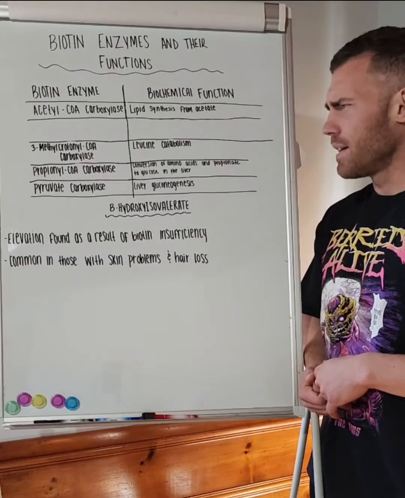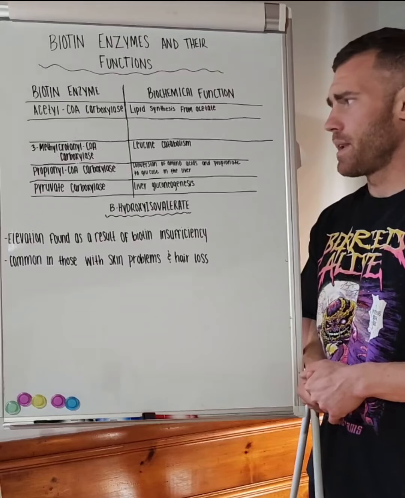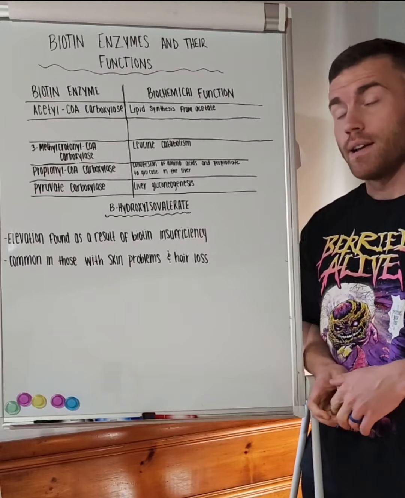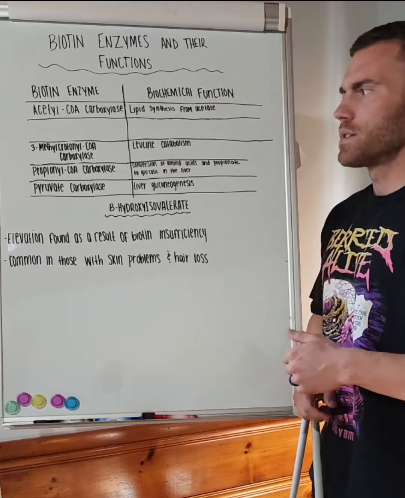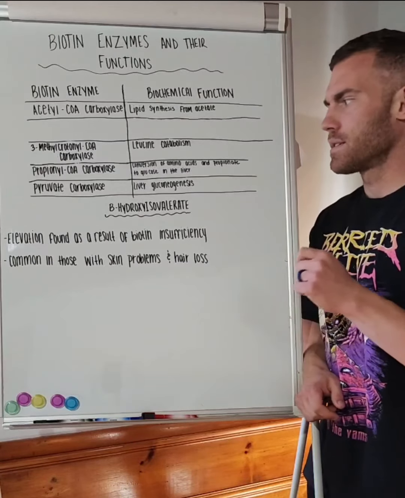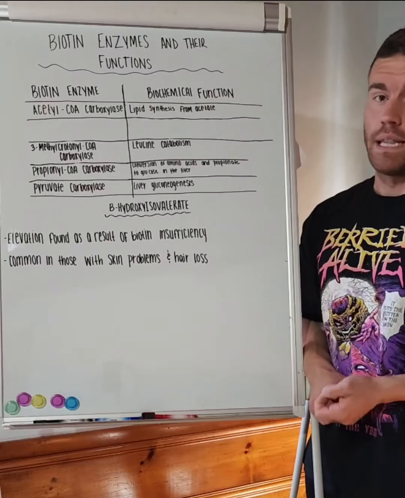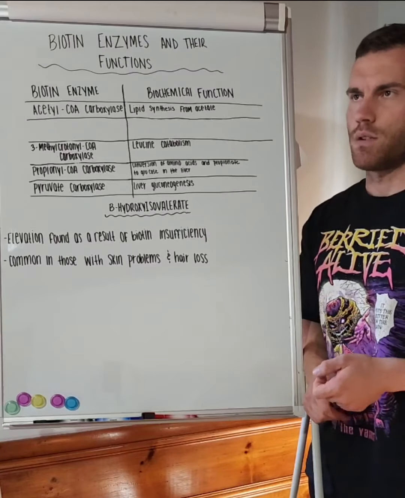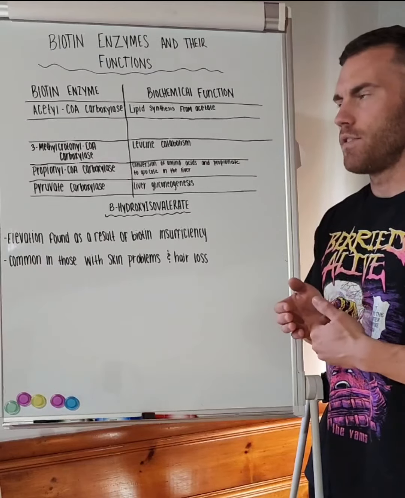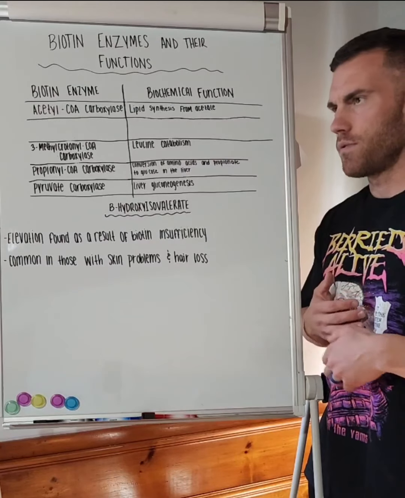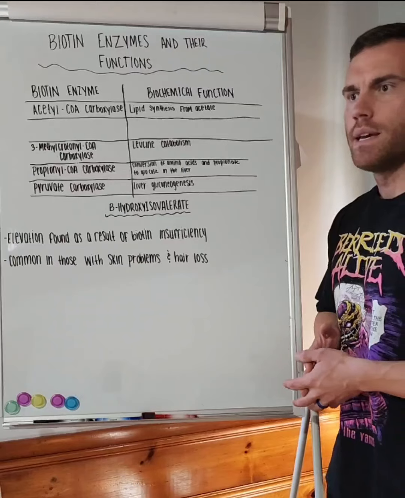Propionyl-CoA carboxylase. All right, so this is the conversion of amino acids and propionate to glucose in the liver. So this is going to tie right into this next one, which is pyruvate carboxylase, which is going to be involved in liver gluconeogenesis. So we're talking about actual utilization of those amino acids and glucose for an energy source if we need that.